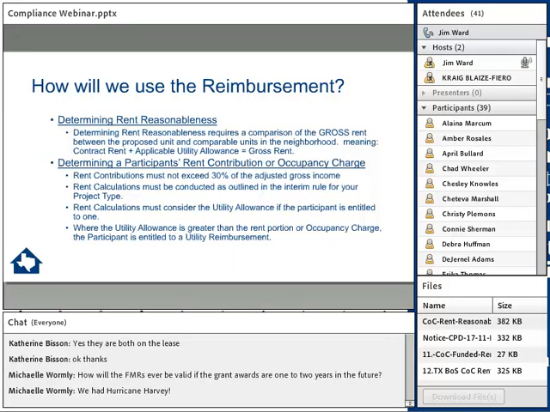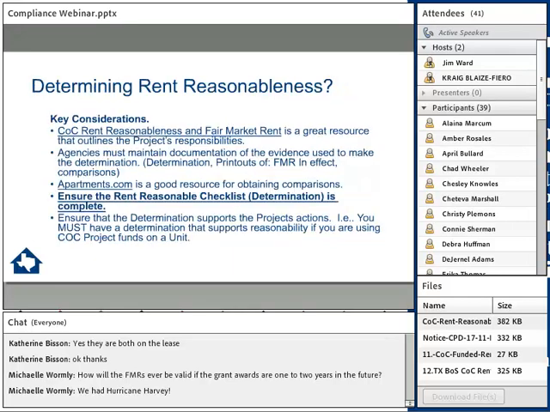Rent calculations must consider the utility allowance if the participant is entitled to one. And where the utility allowance is greater than the rent portion or occupancy charge, the participant is entitled to utility reimbursement. So when it says that they must be conducted as outlined in the interim rule for your project type, that essentially means they need to be done every 12 months or when a participant reports a change in their income.